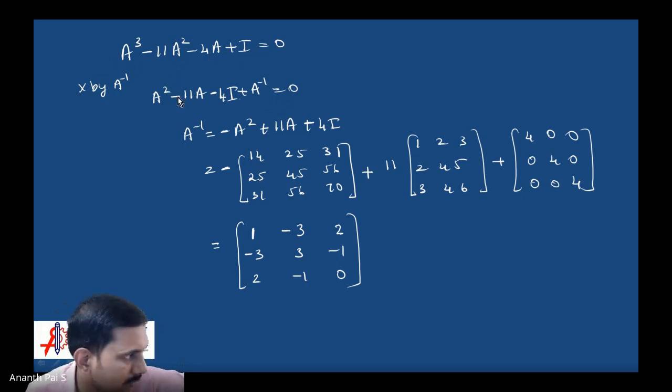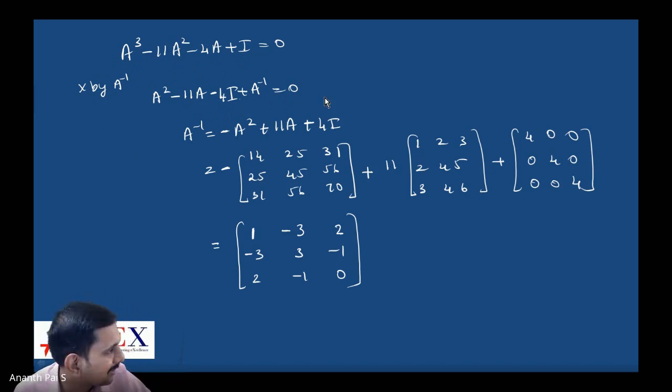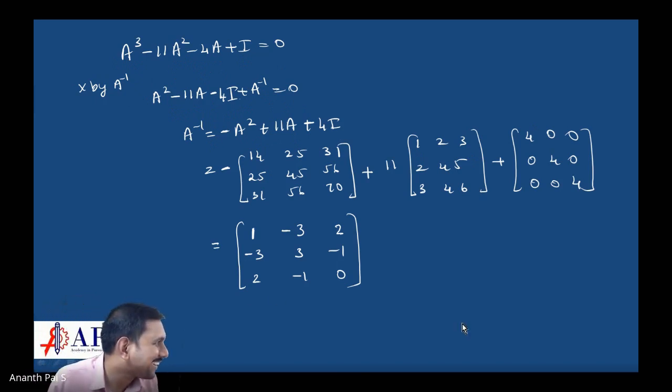You get A square minus 11A minus 4I, because A into A inverse is I, and you get A inverse. You take this the other way around. A inverse is A square minus 11A minus 4I. You put that, you get the A inverse. Spend some time.